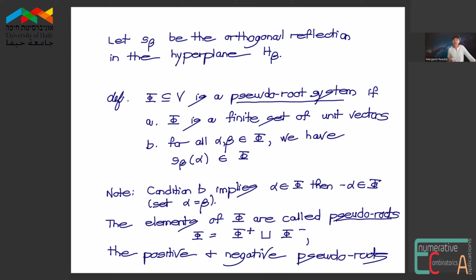In fact, in this condition, if you look at the case when alpha is equal to B, if alpha is in your pseudo-root system, then the negative of alpha is in there. So once you declare whether a vector is positive or negative, if it's positive, then the negative of it is in there. So it makes sense to talk about the positive and negative pseudo-roots.